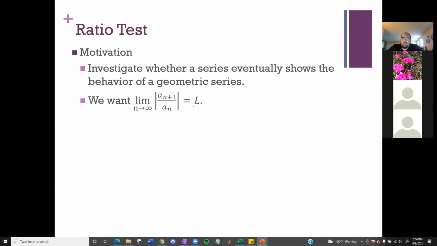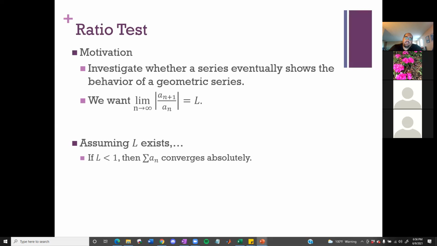What common ratios will make a geometric series converge? So assuming L exists, just like a geometric series, if that limit is less than 1, then that series converges absolutely.